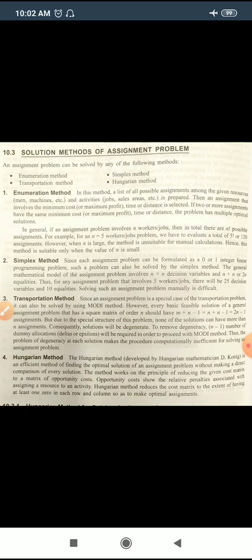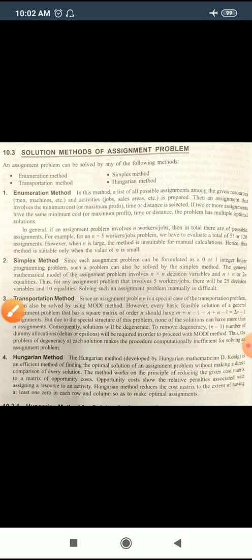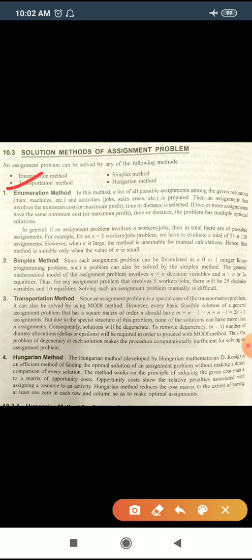If the number of persons and jobs is 2 or 3, we can use the enumeration method. If it is 5, it is very difficult to solve using enumeration.